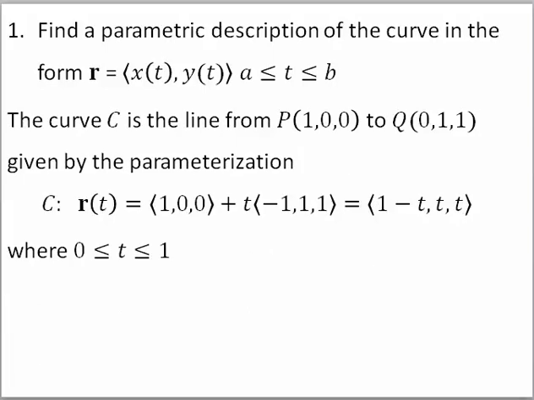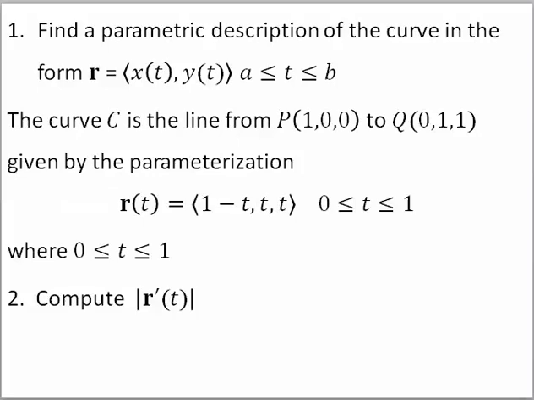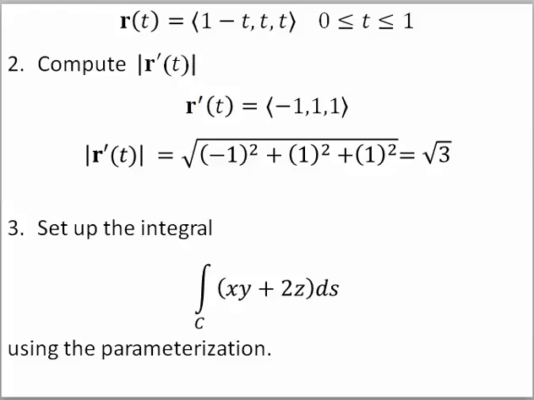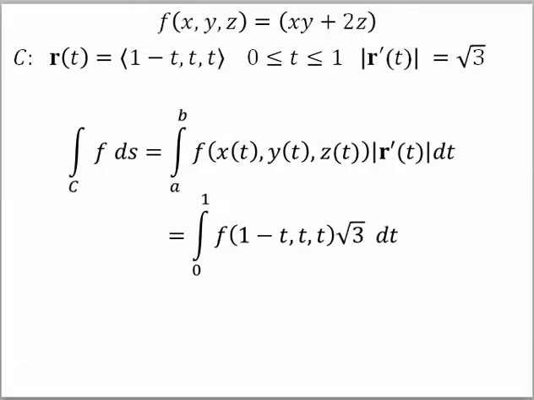Now, given our parameterization, we're ready for step 2, and that is to compute the magnitude of r prime. So we find r prime and then we find its magnitude. And now set up the integral using the parameterization. Well, if t is running between 0 and 1, that's our bounds.